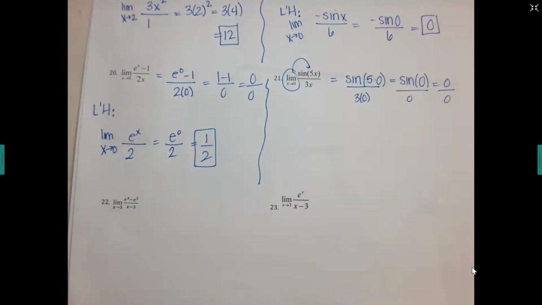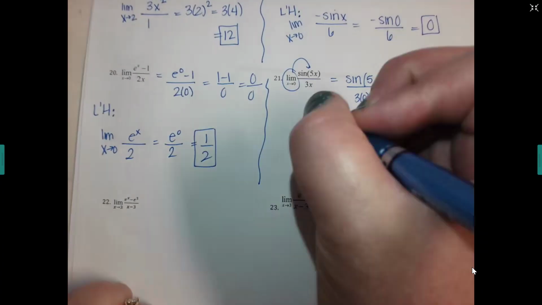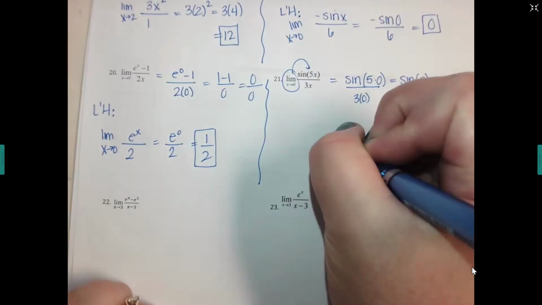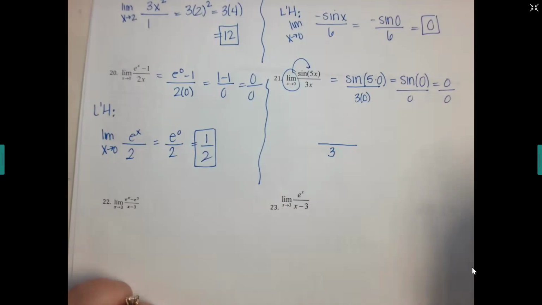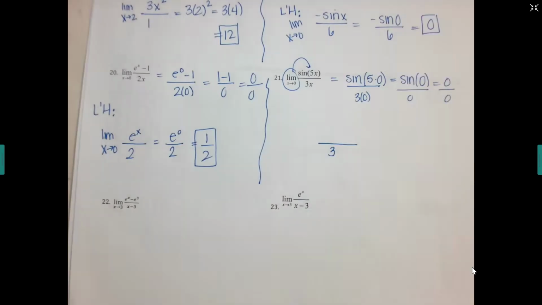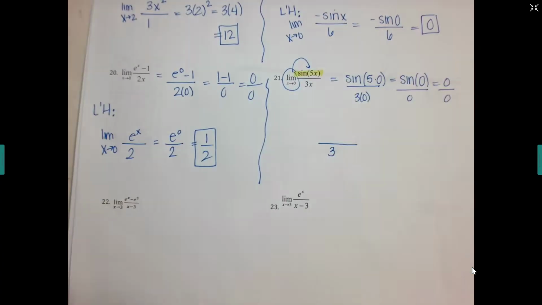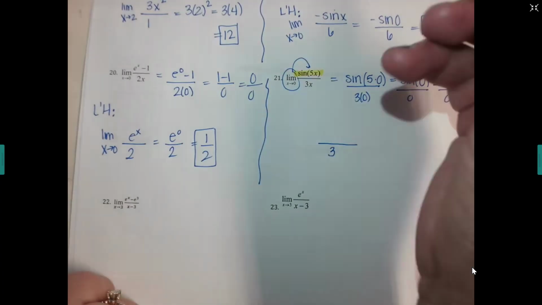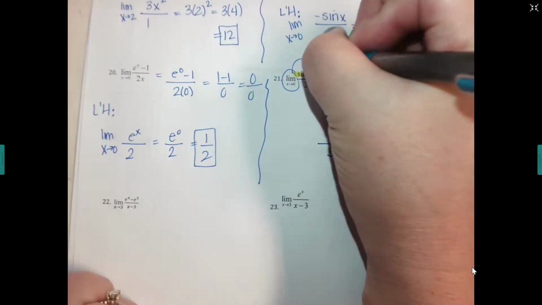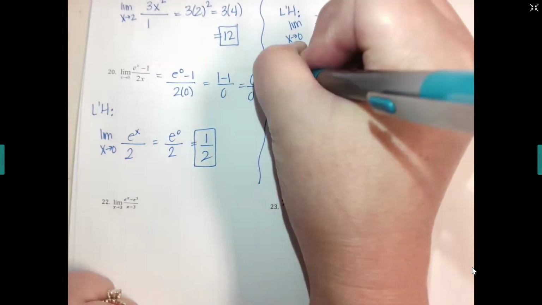When you take the derivative with L'Hopital's rule, let's do the bottom first because it's easier. What's the derivative of 3x? 3. What rule is the derivative of sine 5x going to need? Chain rule. Very good, because it's not just sine x, it's sine of 5x, right? So remember, that means we're going to have to do chain rule. So I'm just going to put chain around only the top.